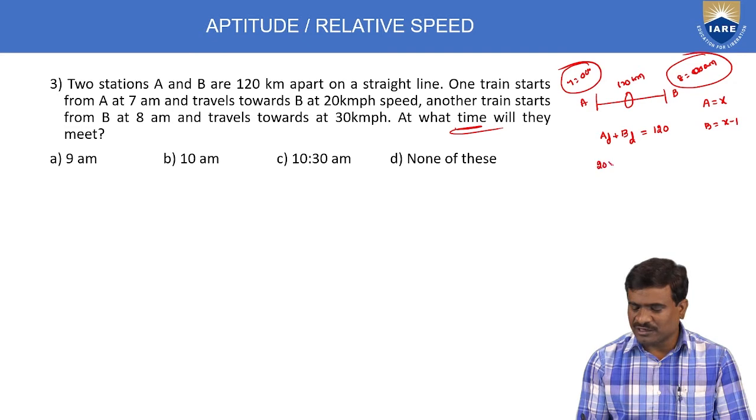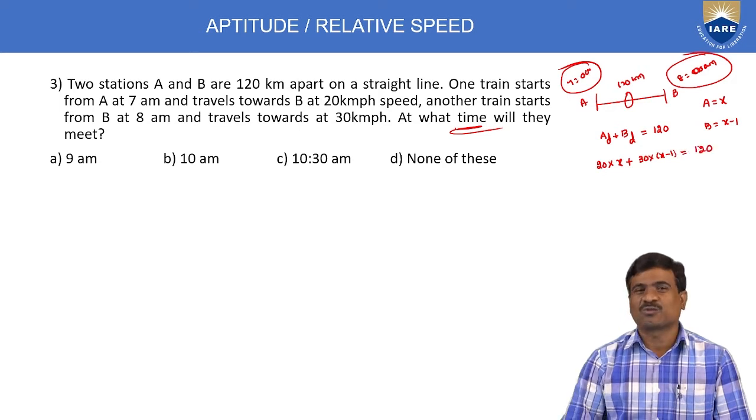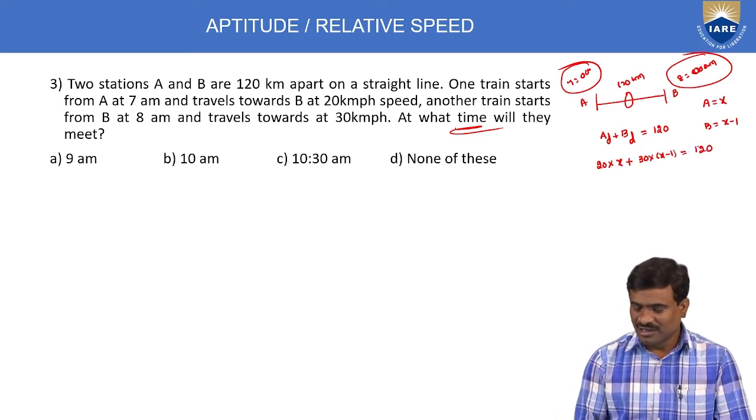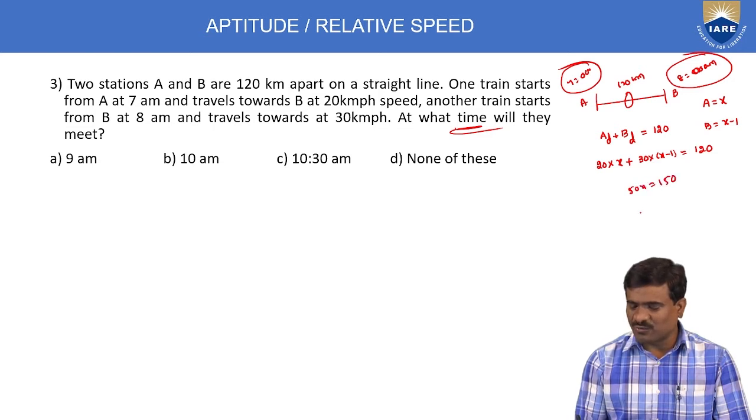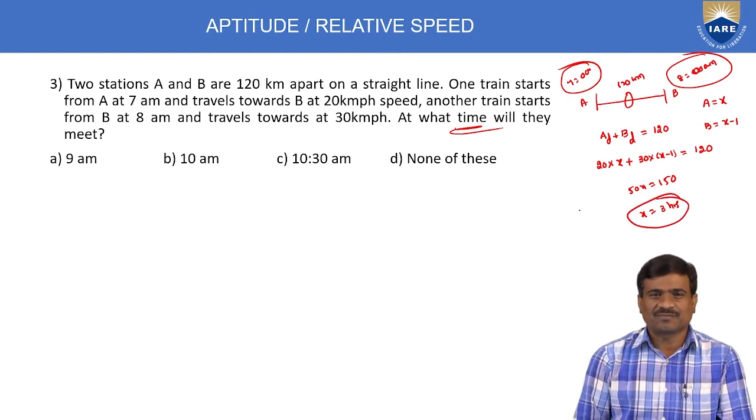A's speed is 20 km per hour, A's time is X hours. B's distance is B's speed 30 km per hour, time X minus 1, and the sum is equal to 120. Next, 50x is equal to 150. X is equal to 3 hours.